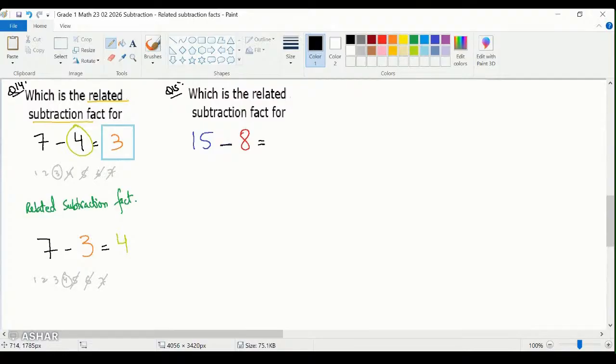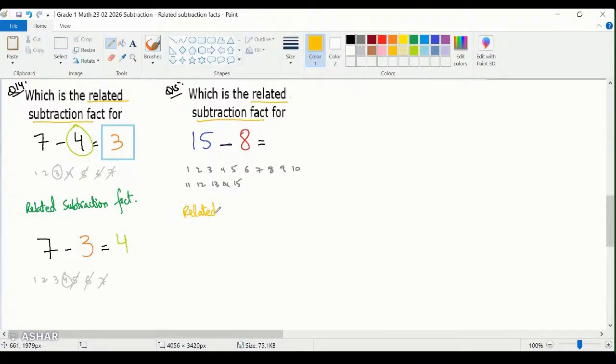I'm trying double digit numbers, right? Just to see whether we can do that. How to confirm? If we write the 15 numbers 3, 4, 5, 6, 7, 8, 9, 10, 11, 12, 13, 14, and 15. What we need to do is find the related subtraction fact.